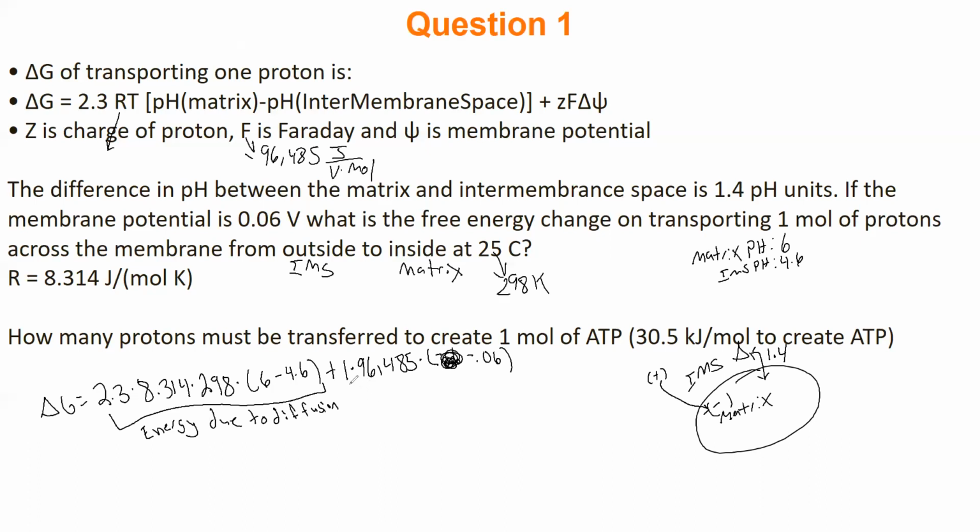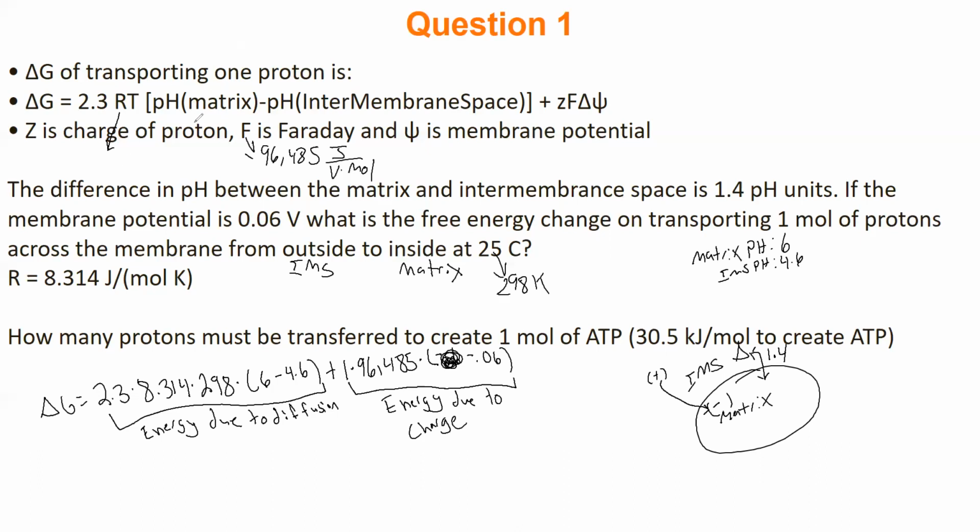The second part is energy due to charge. So, and I write that down because when doing this and talking through it, I did notice an error. All right. So what is the error that I noticed?